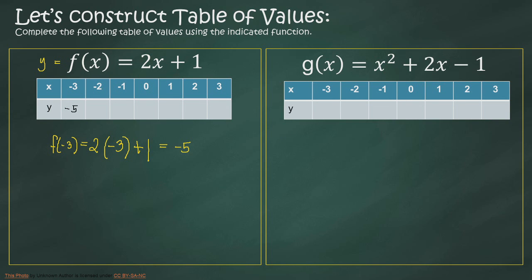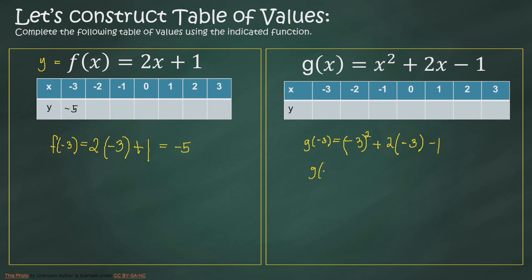Now when it comes to the other one, so g of x, still y, we take g of negative 3. So we have negative 3 squared plus 2 times negative 3 minus 1.